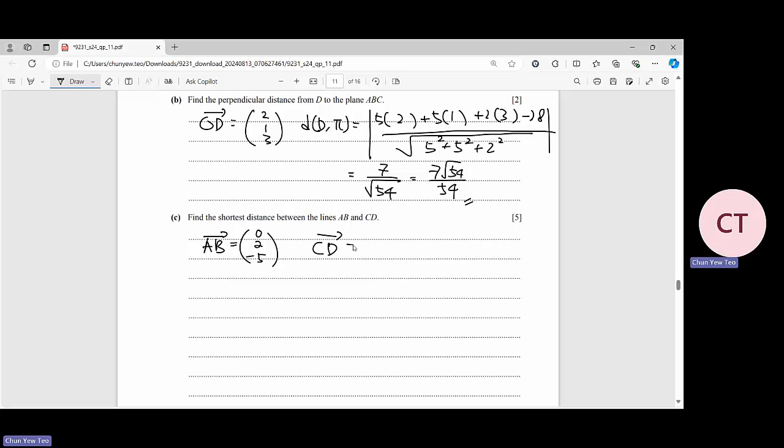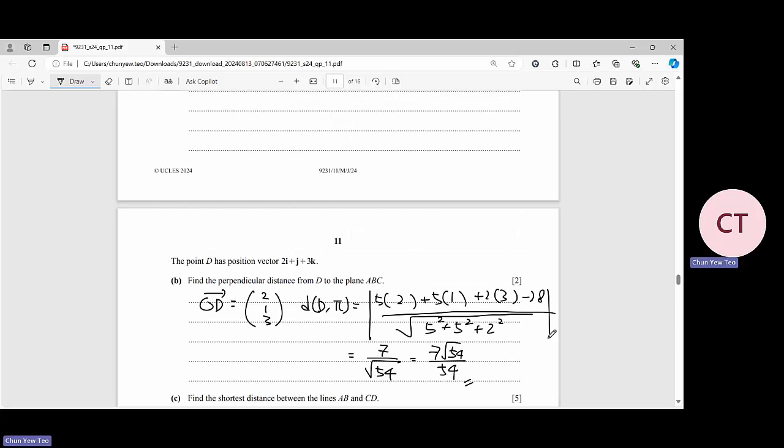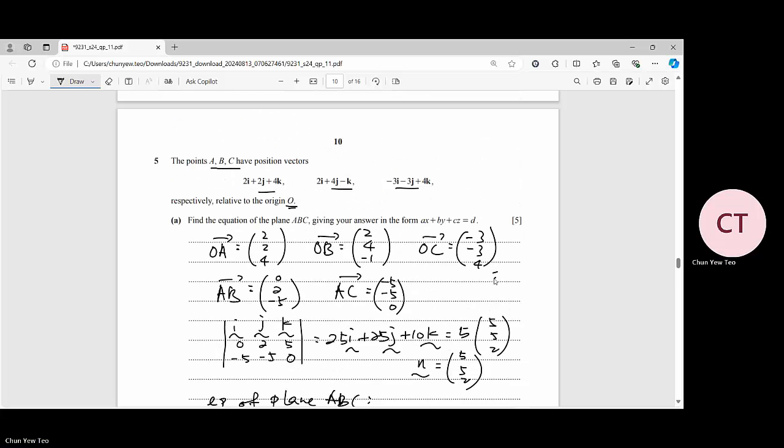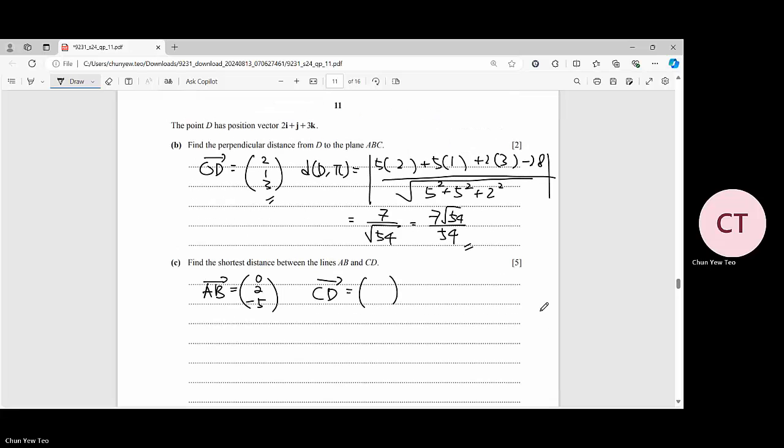Then we can find CD, taking D minus C. CD is 5, 4, -1. So you can see that they are not parallel.